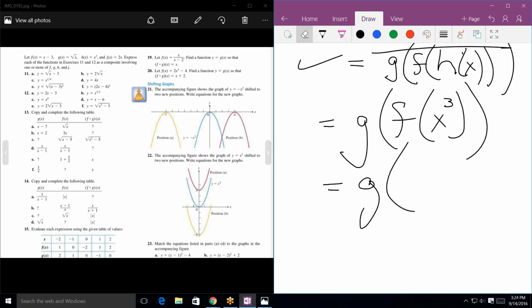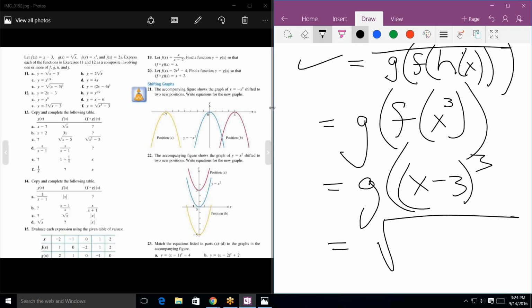What is f of x cubed? f of x cubed, no, that would be x minus 3 cubed. And that's not what we want. And then g of that would be the square root of that, which would be the square root of x minus 3 cubed. Is that what we're looking at?